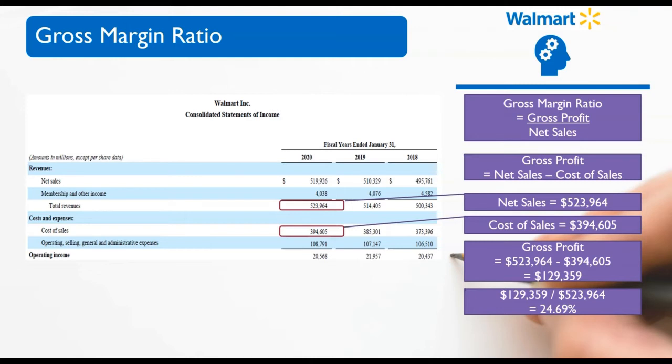As compared to Amazon, we can see that Walmart has a lower gross margin. Amazon's gross margin is around 41%, which is much higher. In other words, after taking its revenues and backing out the direct cost of sales, Amazon is able to retain a higher margin from its own sales.